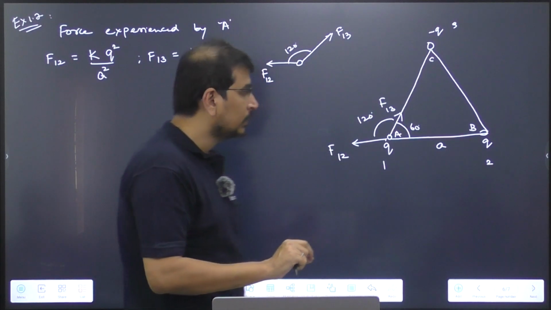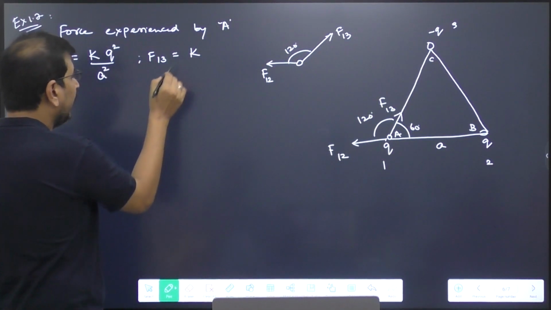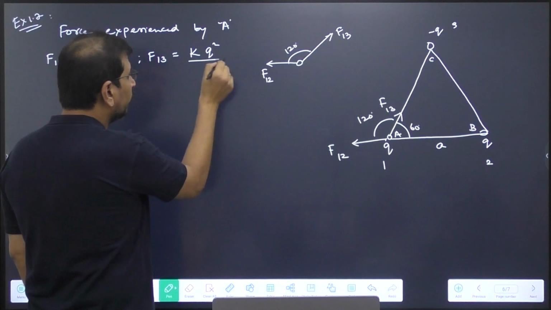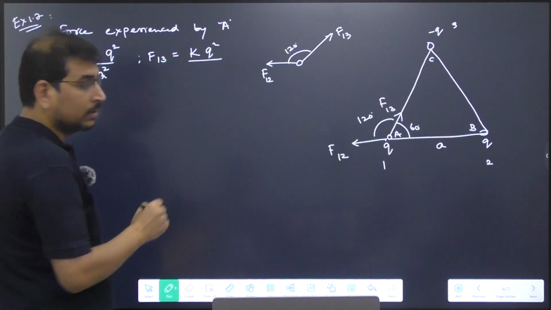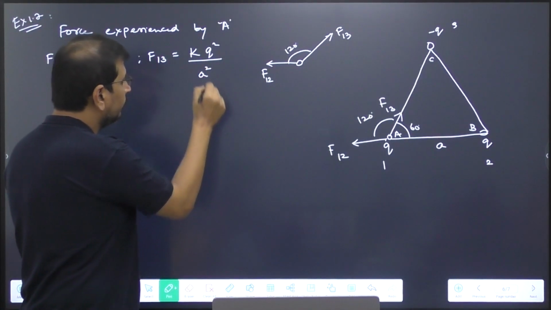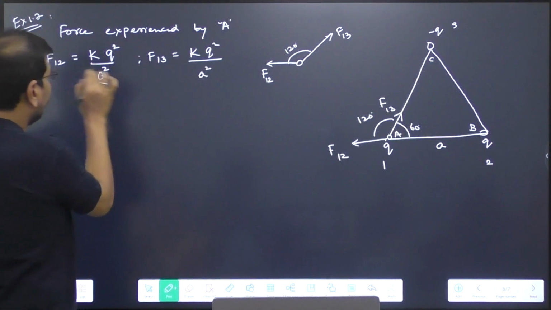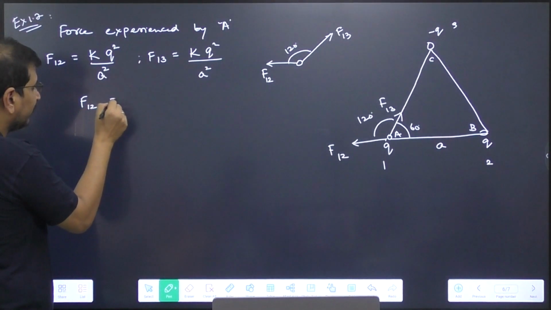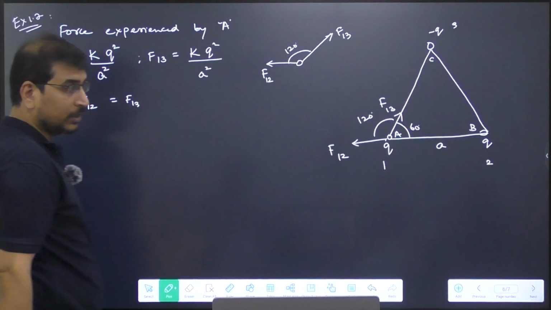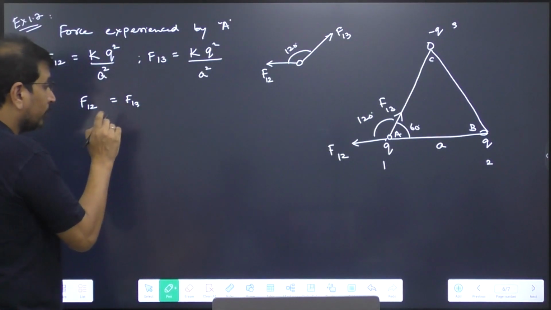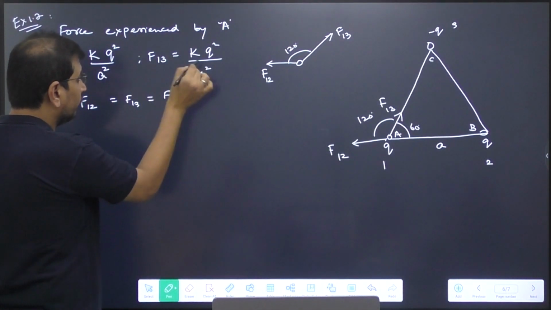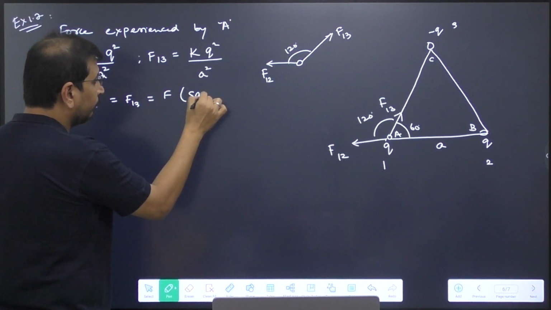Is the point clear? So K into Q square divided by A square. In terms of magnitude, F12 is exactly equal to F13, but not in terms of direction. In terms of magnitude, they both are exactly the same. So I'll call it as F.